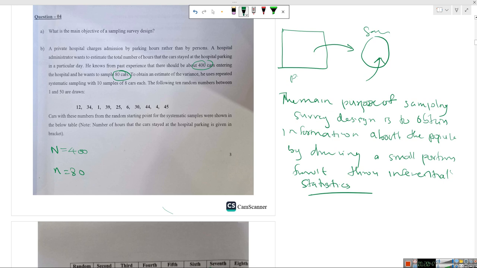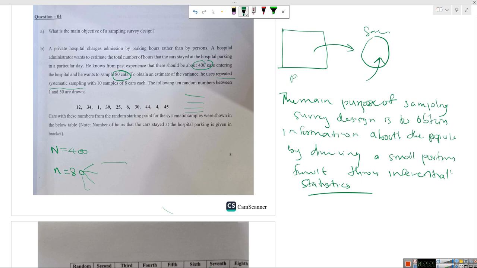Now to obtain an estimate of the variance, he used repeated systematic sampling. Repeated systematic sampling is an extension of systematic sampling in order to reduce the systematic bias due to periodicity. It means the sample is divided into several samples, and the purpose is to avoid systematic bias by repeating it.